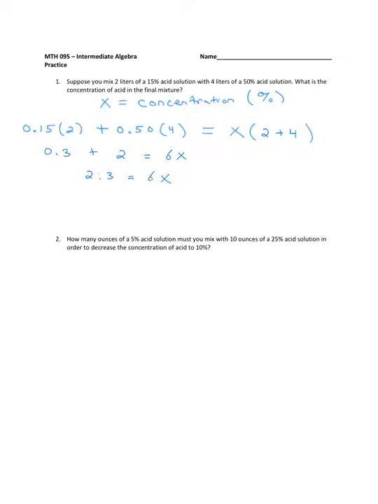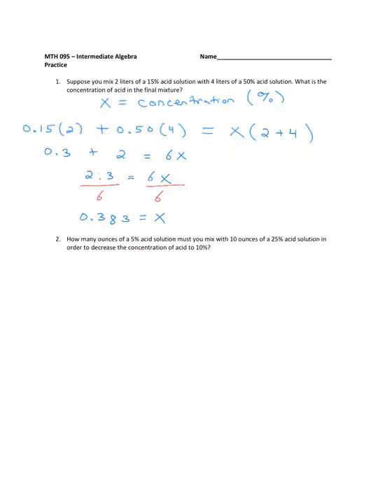And to solve for x, I will simply divide both sides by 6. And okay, on my calculator, when I do that, I'm getting 0.383. It's going on forever, so I'm going to round it to 3 decimal places. So I'll write this as my answer.